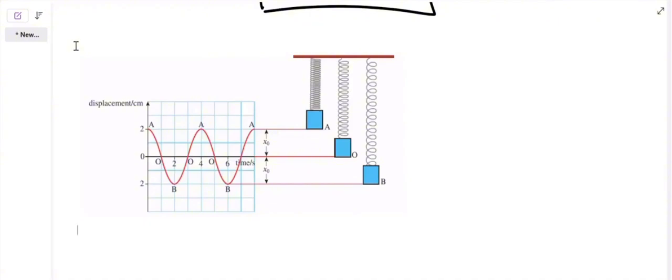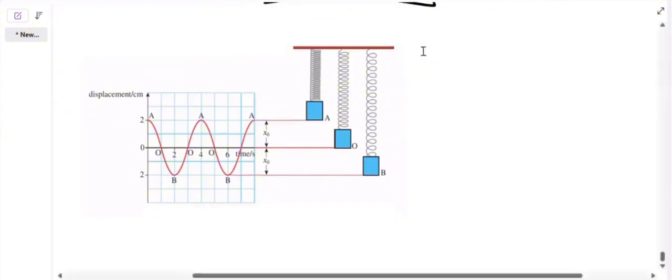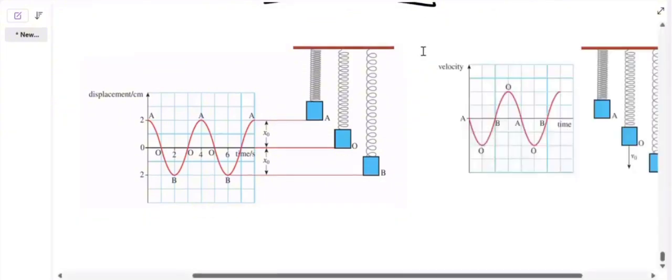Any doubts? No, ma'am. The same thing I had explained. Okay. If you want to go for the velocity time graph, this was displacement. The velocity time graph will be just vice versa of this. Because velocity increases, I'm shaping it here only so that you can compare.